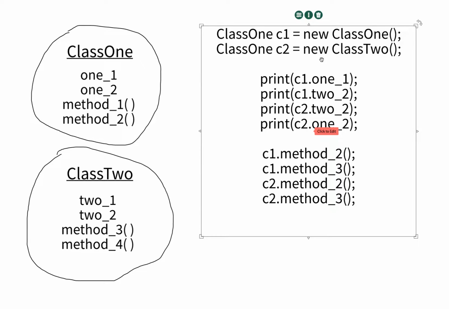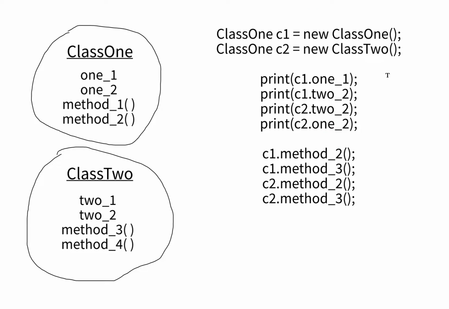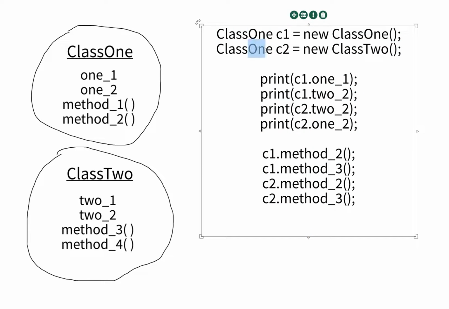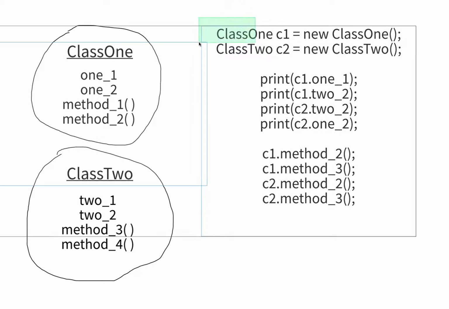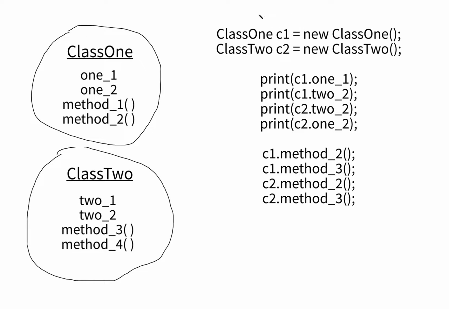But we created them kind of strangely. Let's see. Actually, let's go ahead and change this up right here. So this is pretty straightforward, right? What we're doing on the first object is we're creating a class 1 object, right? Because both sides have class 1 on them.